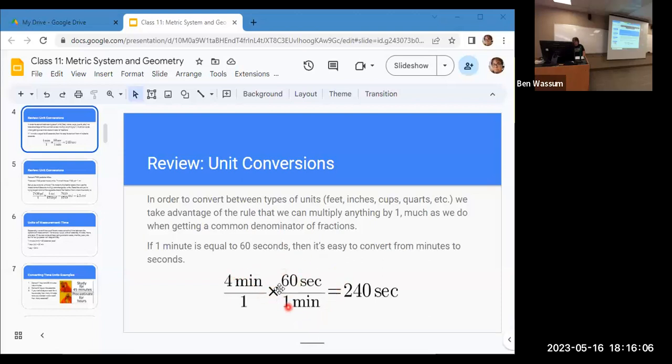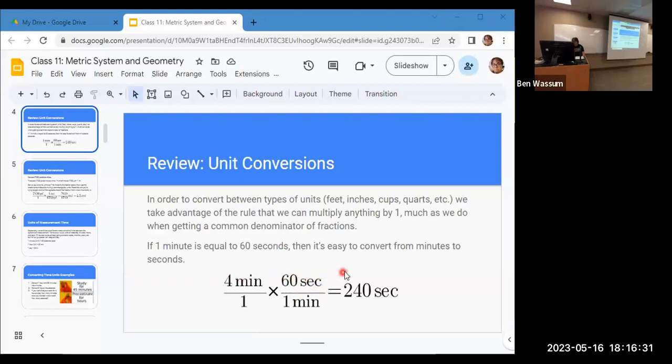Since we have minutes on top, we want to cancel that by having minutes on the bottom over here, because the units cancel the same way factors do. So minutes would cancel with minutes, and the only unit you'd have left is seconds.